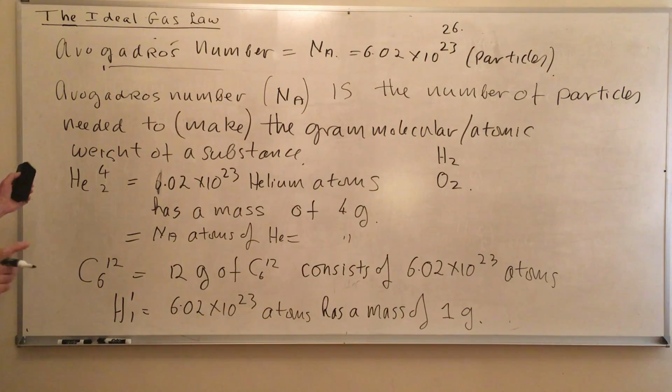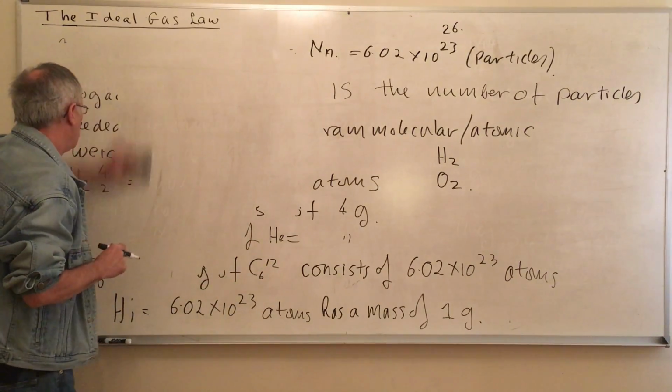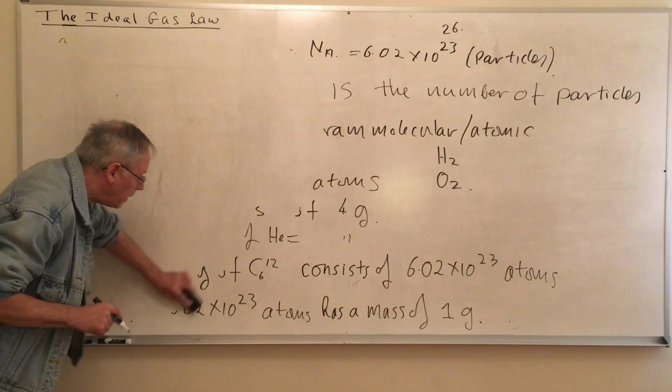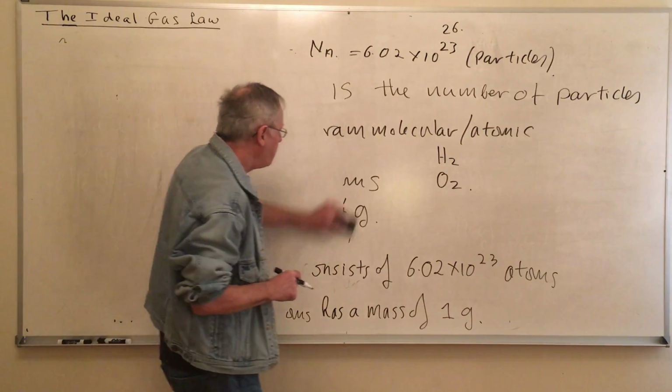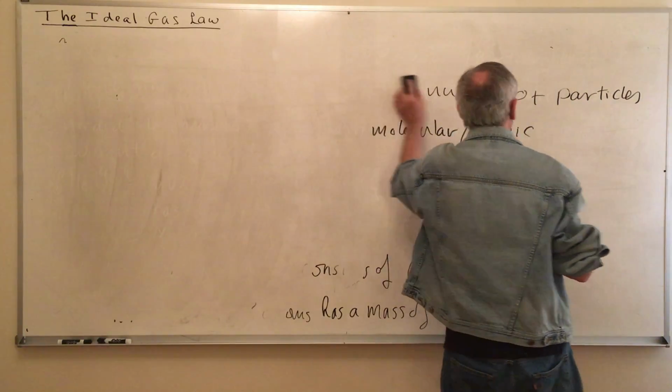What does that tell us? It tells us something very interesting. We can do this for every atom, but it doesn't matter. We'll just do it for hydrogen so that you can see something quite interesting.